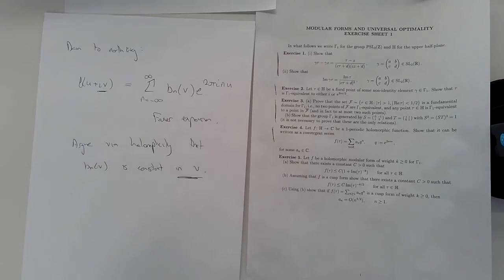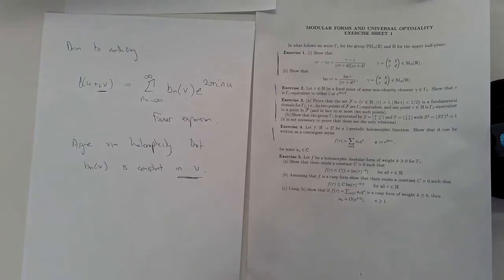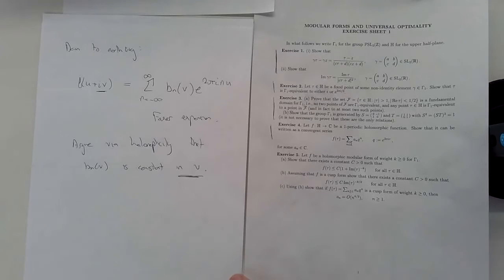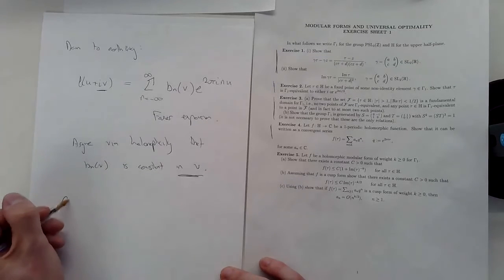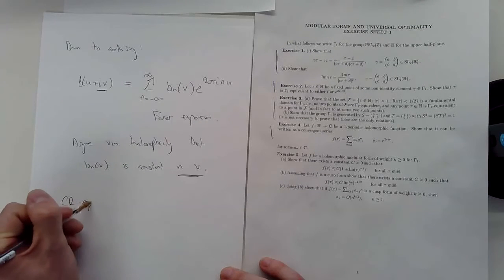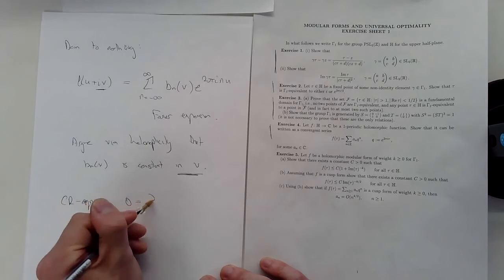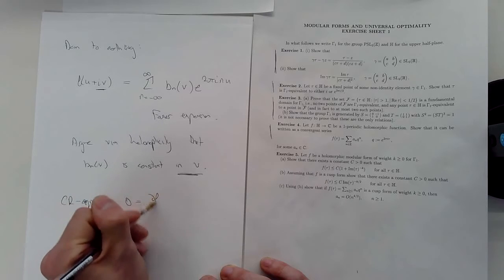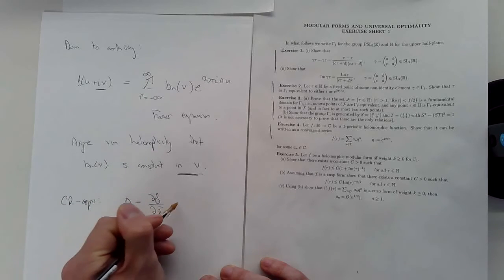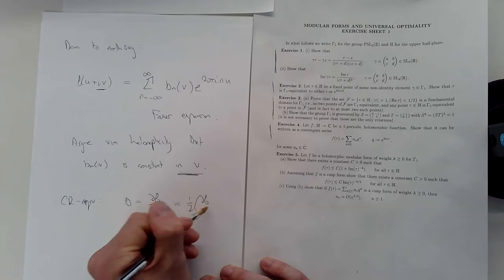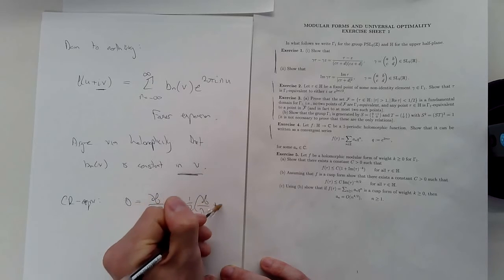For this, we can just use the Cauchy-Riemann equations. The function is holomorphic, so it has to satisfy those, and we see what that gives for the coefficients. Maybe the nicest form to write them is with the derivative with respect to z bar, if you want to define it as a combination of partial derivatives in x and y.